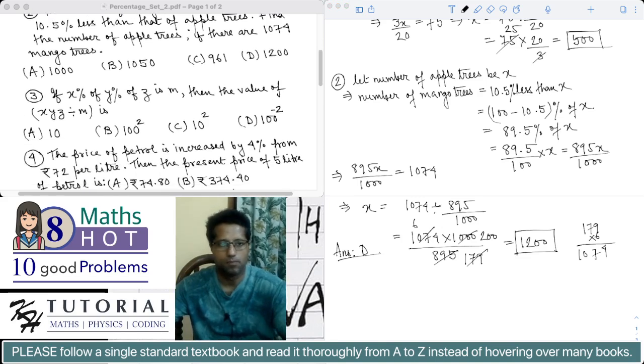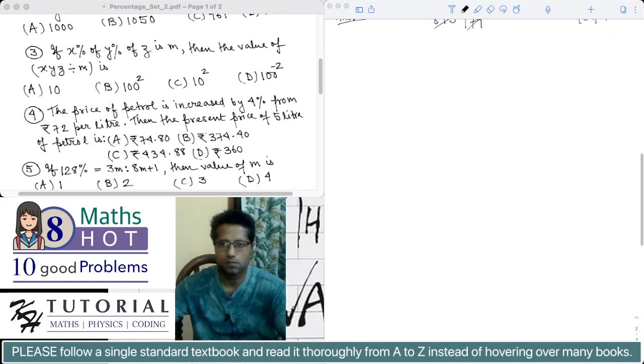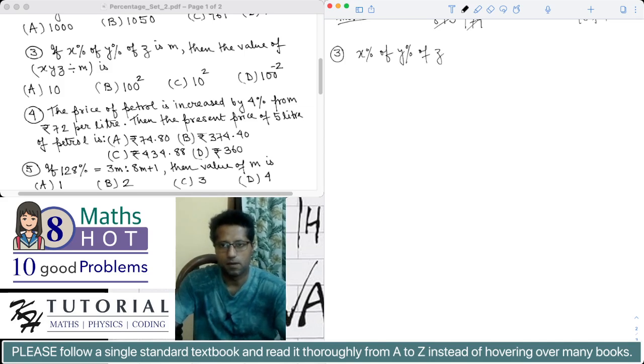Okay, let's do problem number 3. It is saying that if x% of y% of z is m, then the value of xyz divided by m is. So it is given that x% of y% of z is equal to m.